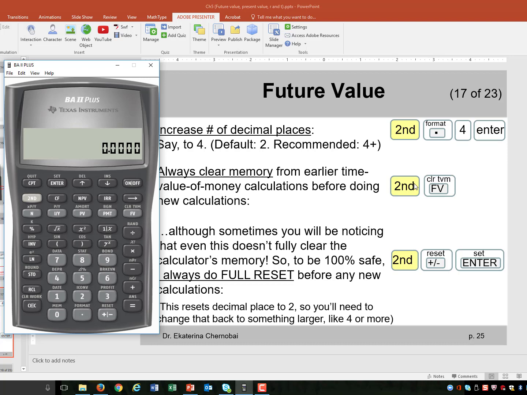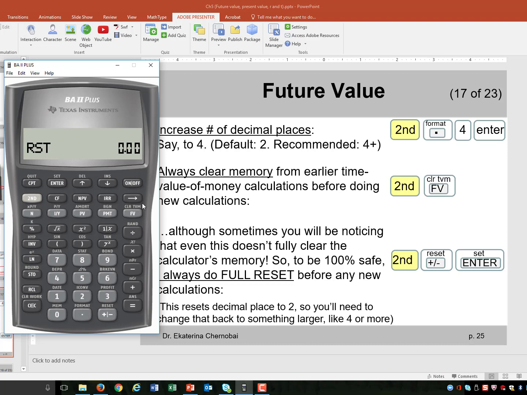However, later in this class, you will realize that this is not good enough to clear your calculator's memory. Sometimes it still stores certain numbers for more complicated problems. And so my preference is doing a full reset of the calculator by pressing second, plus minus, which brings up this text in the second row, which is reset, and enter.